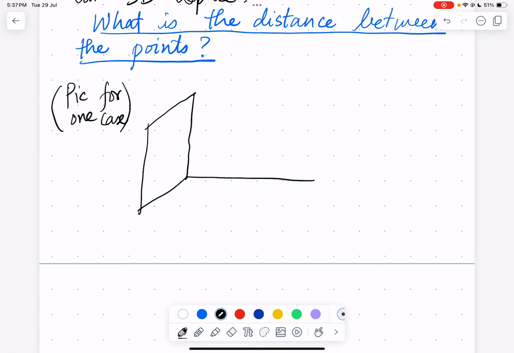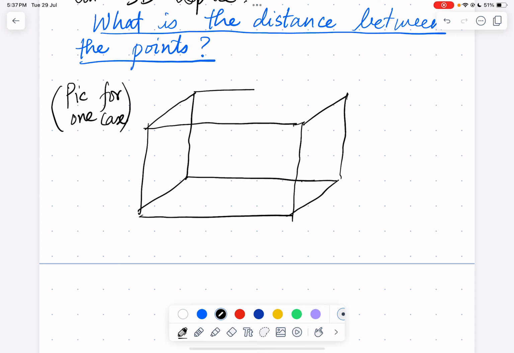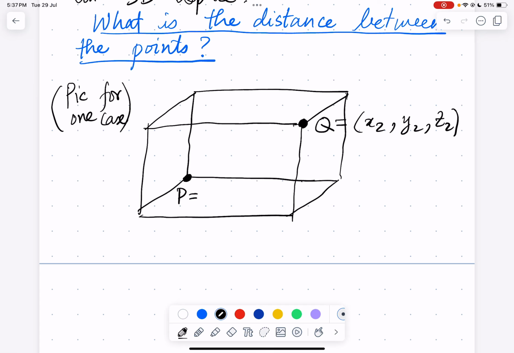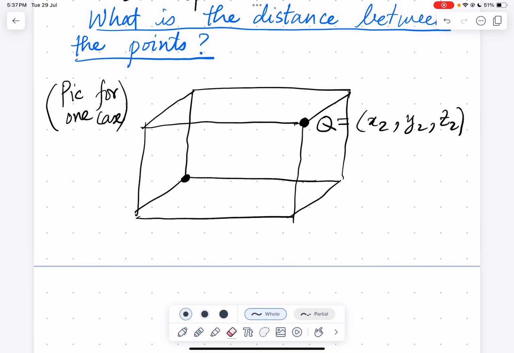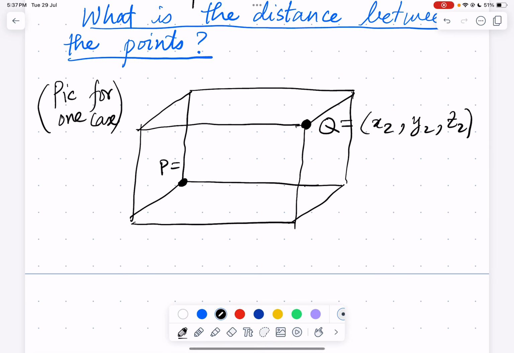We can draw a cuboid, a box basically, such that one of the ends is this point Q and the other end is this point (x1, y1, z1). So we have these 2 points and we can draw a cuboid such that these 2 points are the opposite vertices of this cuboid.